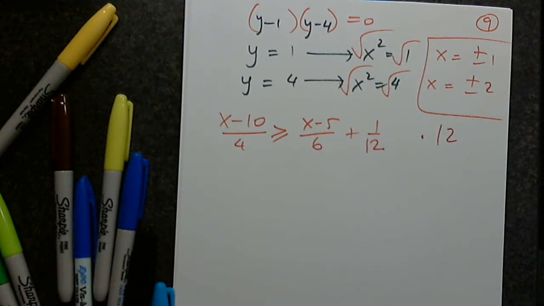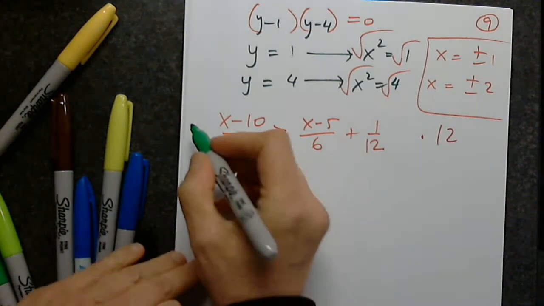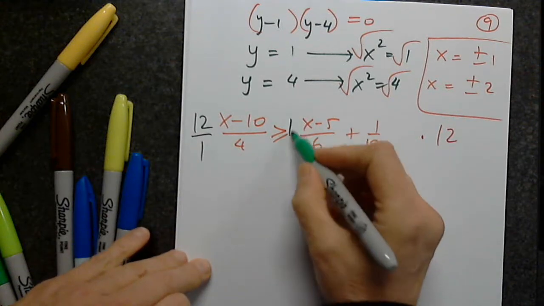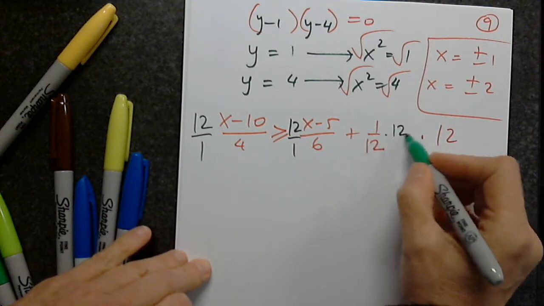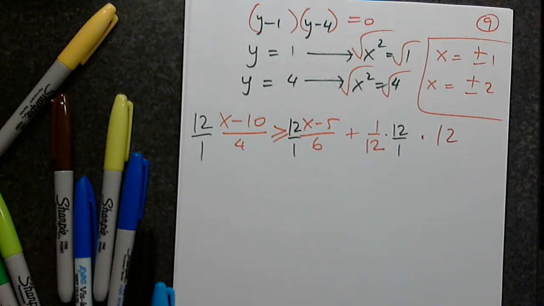I recommend multiplying by 12 over 1 because they're all fractions and it's easier to first simplify and then multiply.